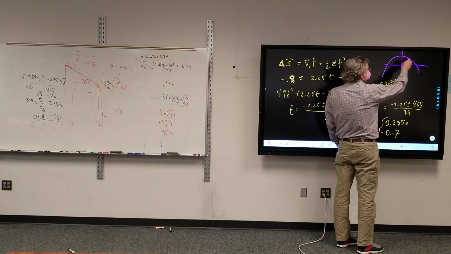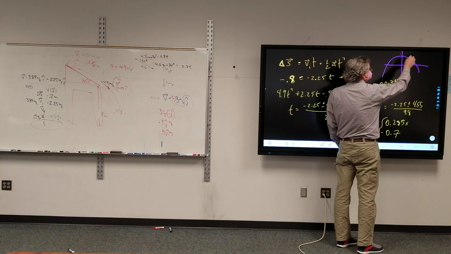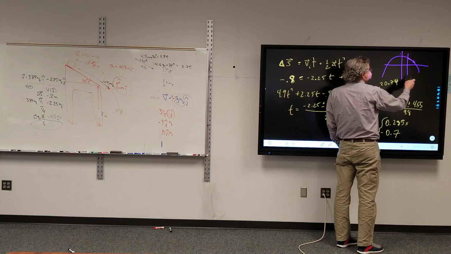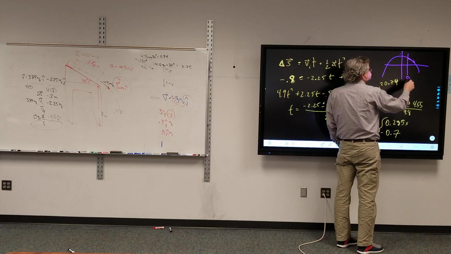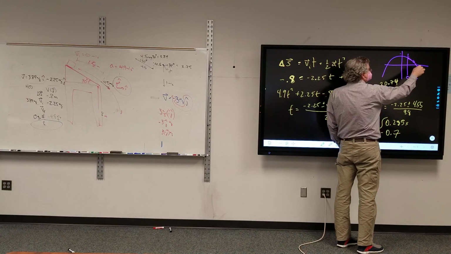We are starting out going in that direction, so I probably should draw that a little bit differently. The time is 0. So when time is 0 here, we're trying to figure out what time it hits that.